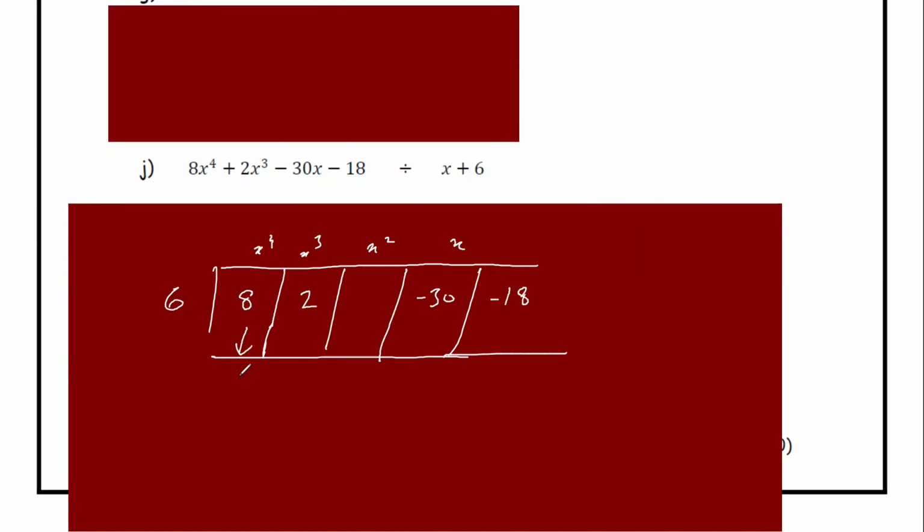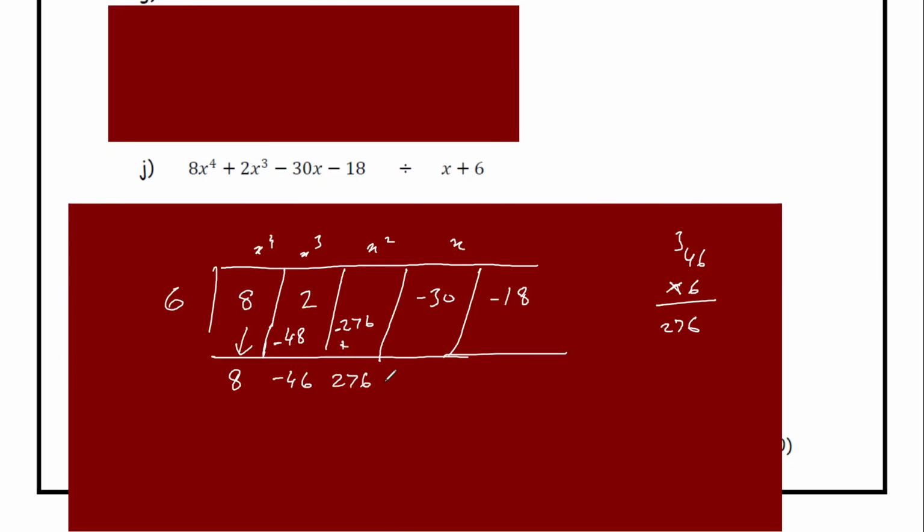So bring down the 8, 6 8s are 48, change the sign. So negative 46, right? Negative 46 into 6 is 6 6s are 36, 24, and 276. So you got 276 negative, right? Minus 46 into 6 is 276 negative. So change the sign, becomes positive 276.